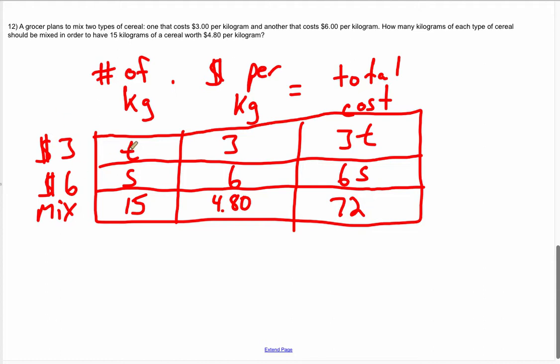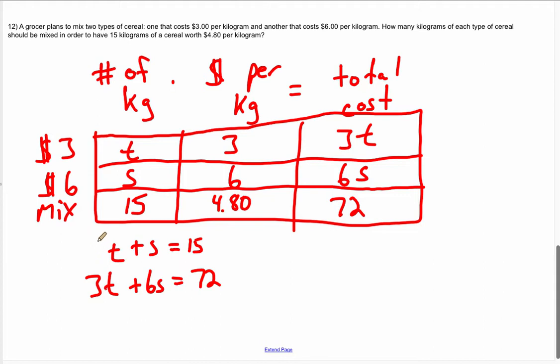So our equations are number of kilograms equation: T plus S equals 15. And then we have our cost equation, which is 3T plus 6S equals 72. Once again, very similar to the last two. If this T had a -3 or this S had a -6, these will nicely eliminate.